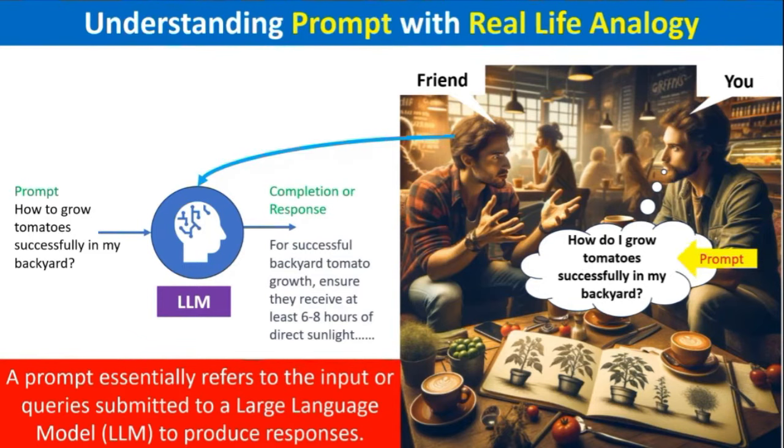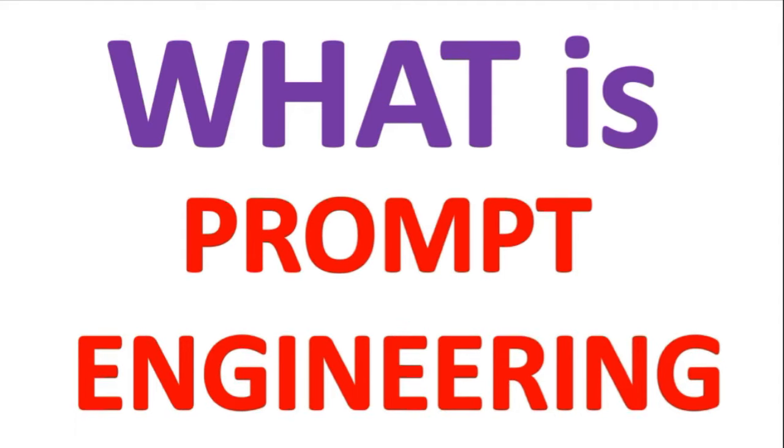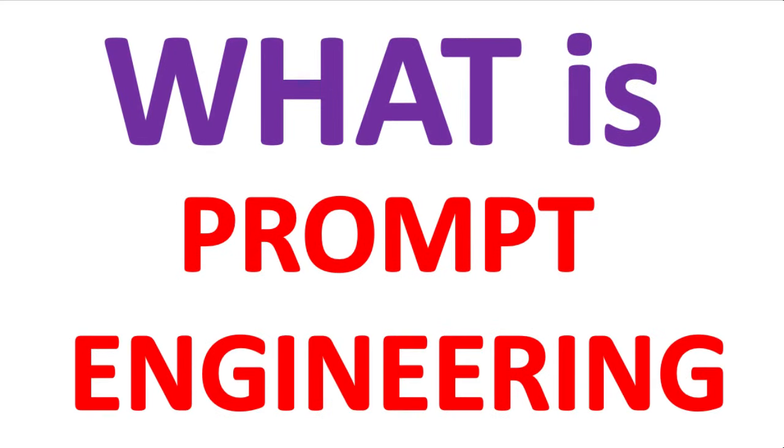A well-crafted prompt leads to more accurate, detailed, and contextually appropriate responses, leveraging the model's training to fulfill the specific request or task at hand. So we understood what is prompt. Let us try to understand prompt engineering.